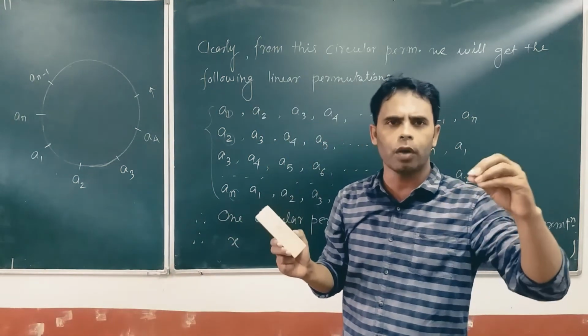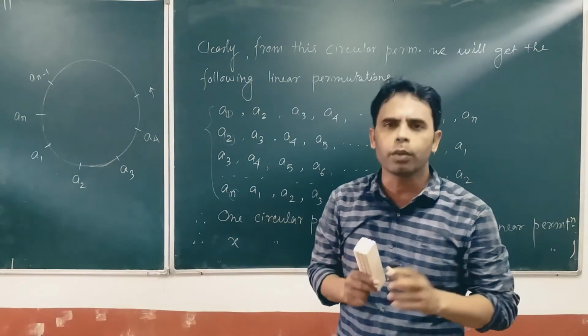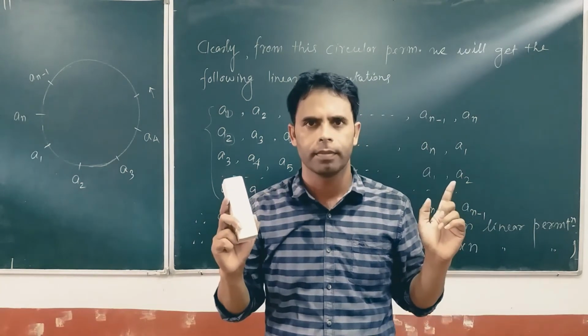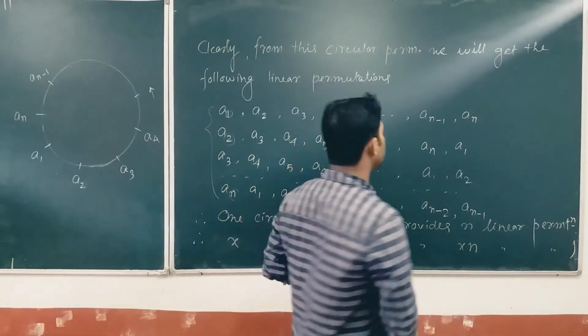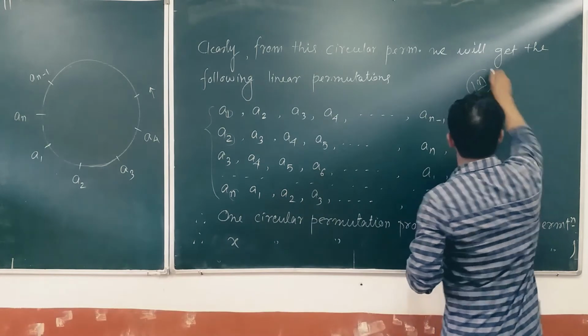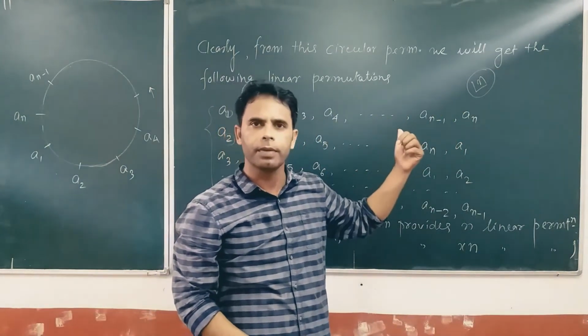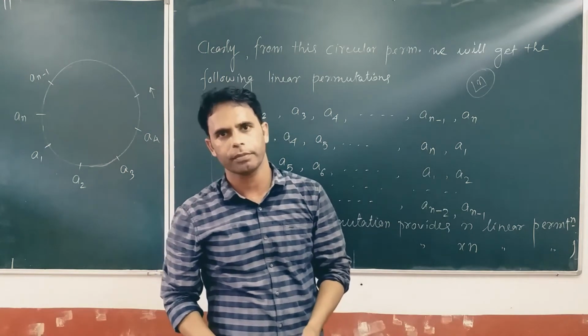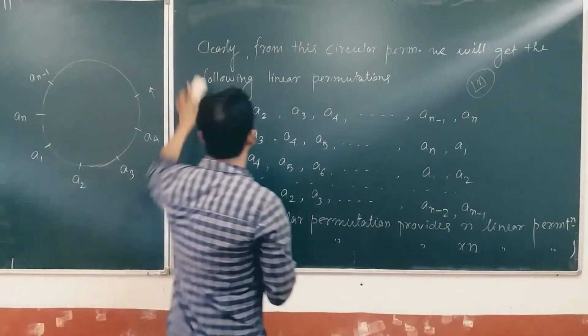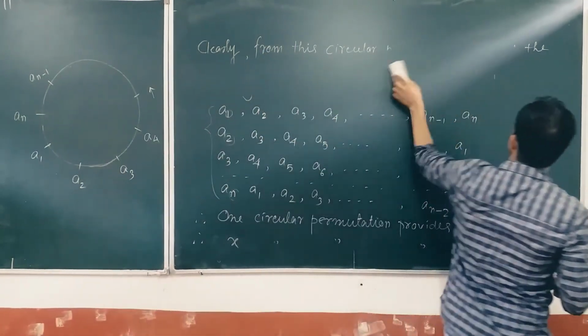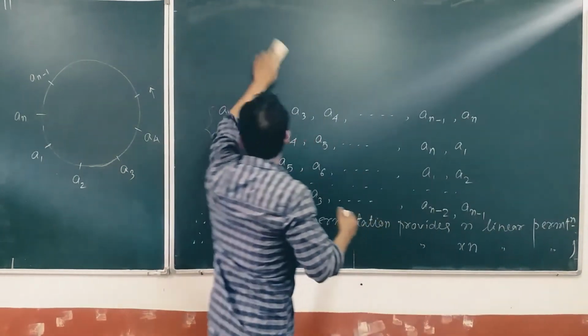It is factorial n, and this factorial n is actually the number of linear permutations.